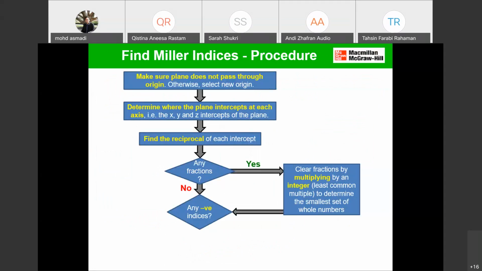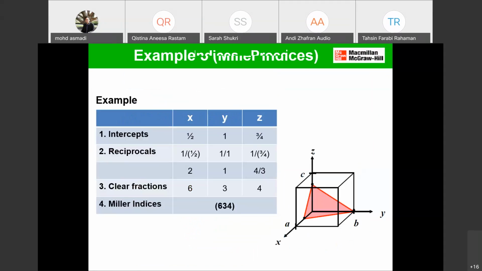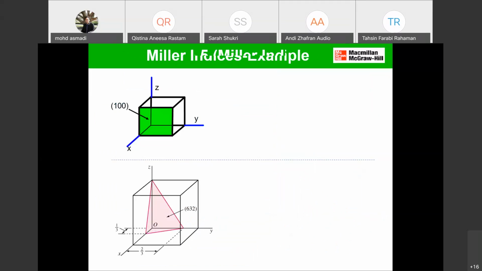Similarly also for the direction indices. For example, you have to take the intercepts if the intercept is given. But if the Miller indices are given, you have to go back, from number 4 to number 1. Just follow the procedure.